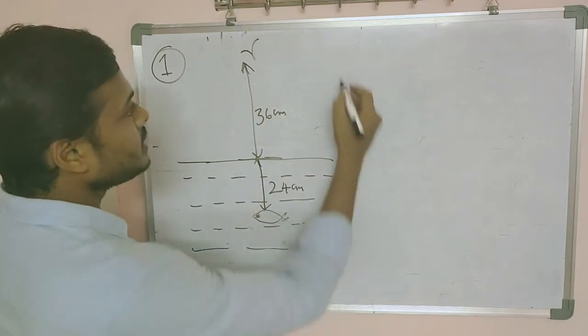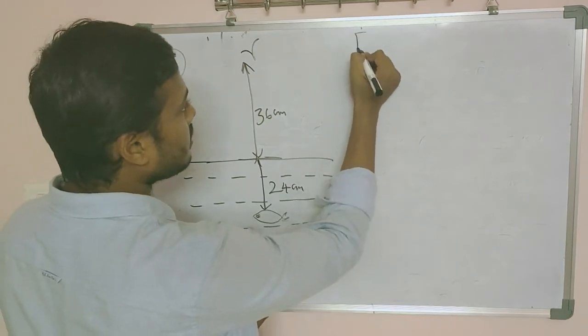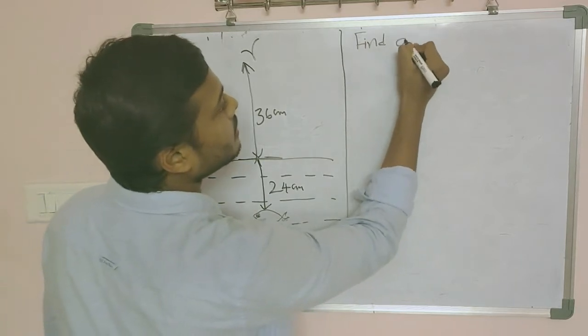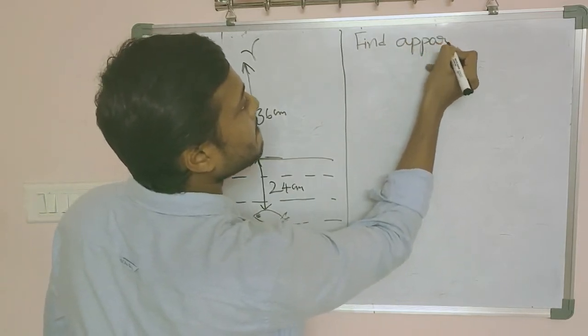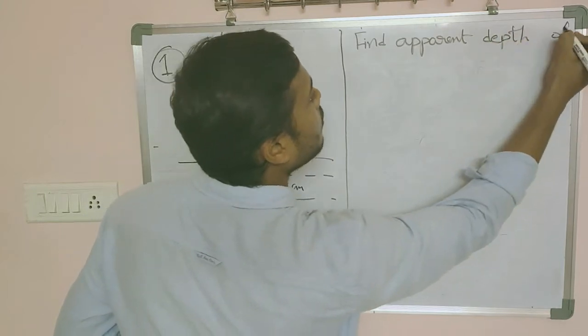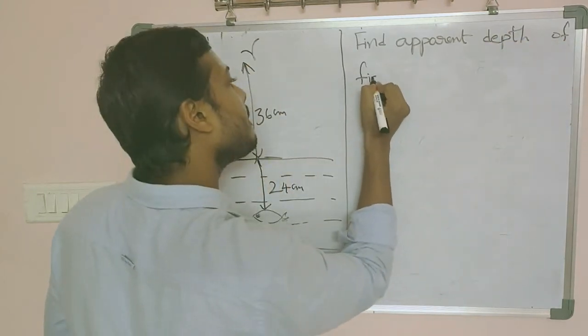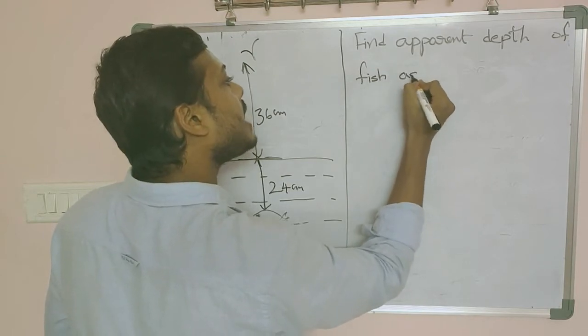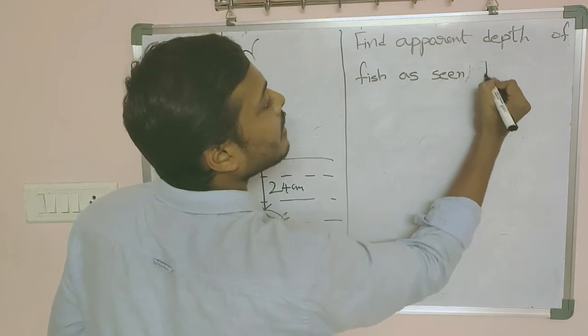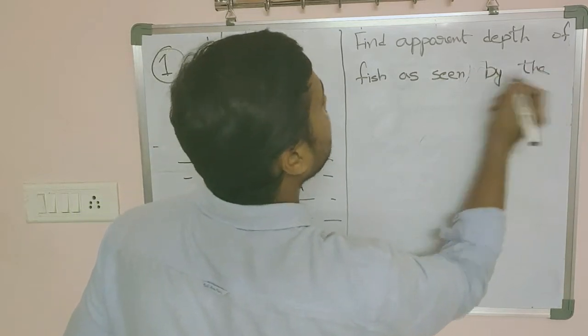Now the question is, find the apparent depth of the fish as seen by the bird.